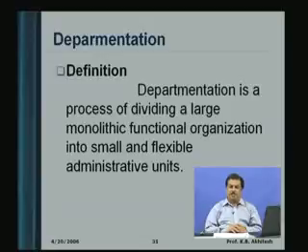However, by design we got some of these issues. But our discussion of line and staff is incomplete unless we spend a little more time on departmentation. When you see departmentation, also called specialization, then we can appreciate a few more problems of organization design. Departmentation is a process of dividing a large monolithic functional organization into small and flexible administrative units.